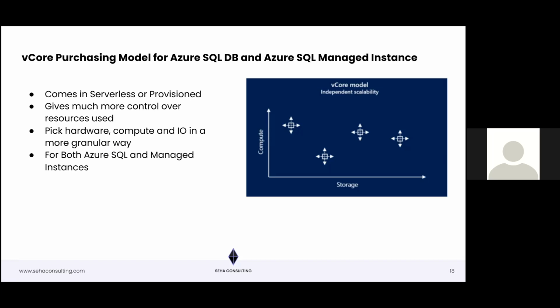Let's say you're running 500 GB of RAM on your current server, with an Intel Xeon Gold 5217 model running 24 cores at a specific gigahertz speed. If you have those specs for your on-prem solution, it's much easier to map them back to a vCore purchasing model, as Microsoft defines it.